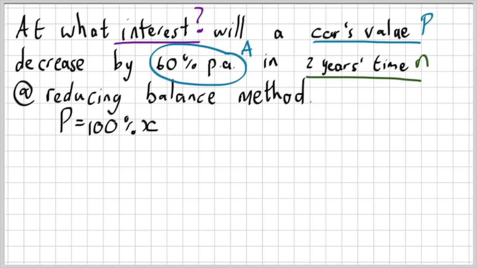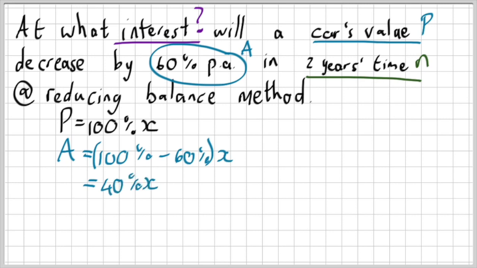First of all, instead of just saying P is X, for this example, let's make P 100% of X, which is just X. Why am I doing this? Because I am losing 60% of my car's value. So I'm going to take that 100%, I'm going to subtract 60%, and that gives me 40% of my car's worth is still there.